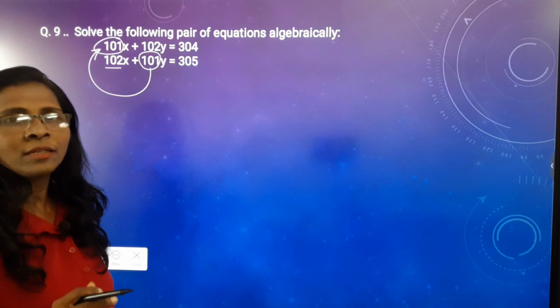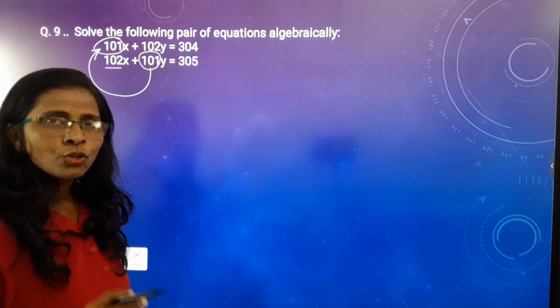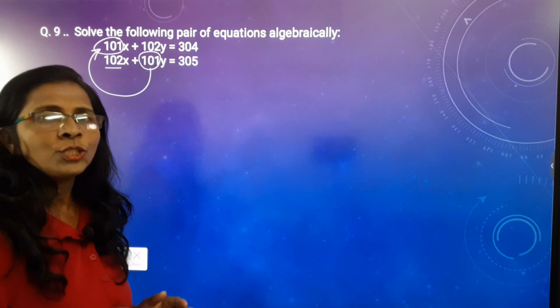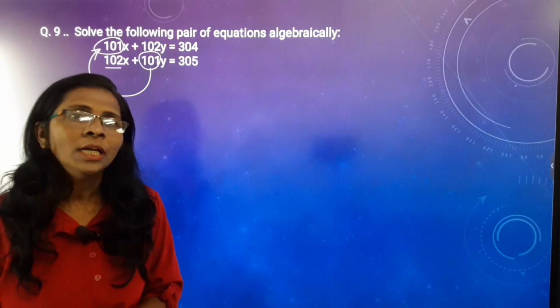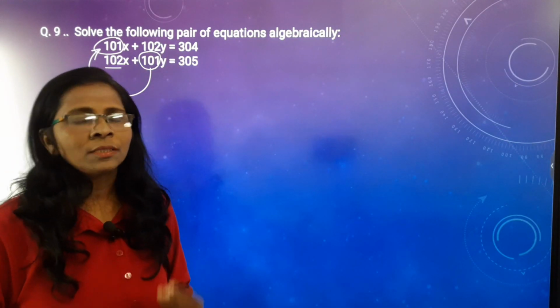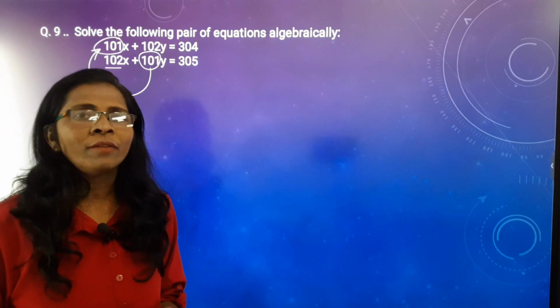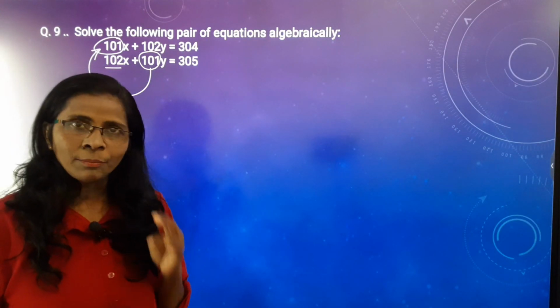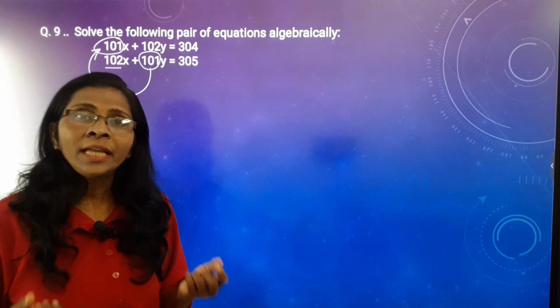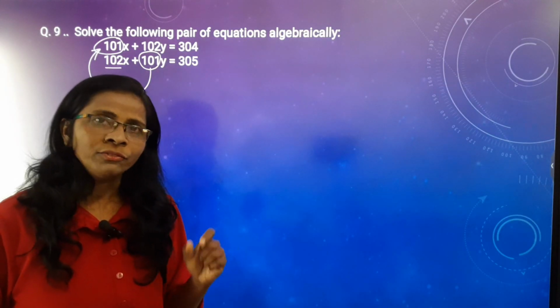So while solving such equations, you follow this method: first you add these two equations, then you subtract them.